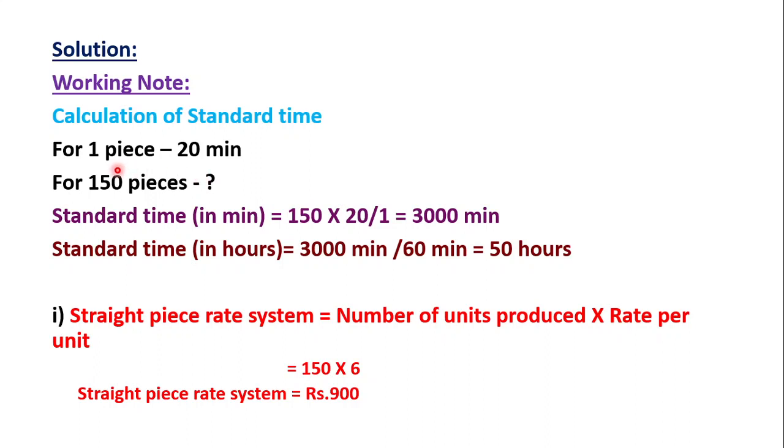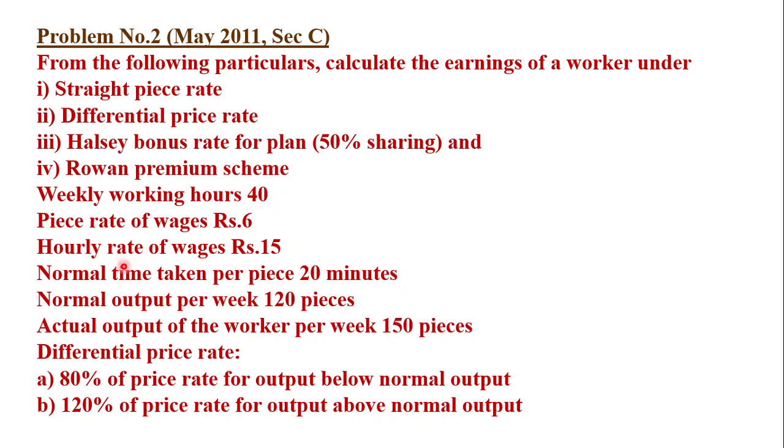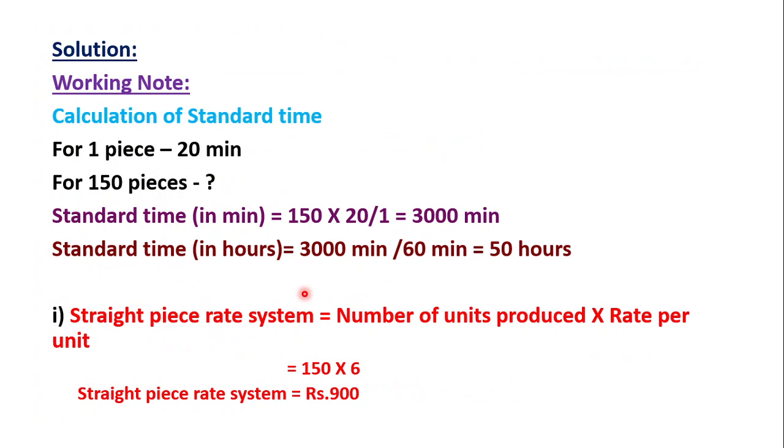That is, for producing one piece, the standard time fixed is 20 minutes. See here, normal time taken per piece, for producing one piece, what is the time? 20 minutes. So, what is the standard time for 150 pieces?